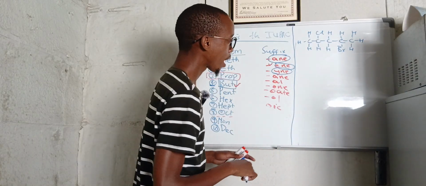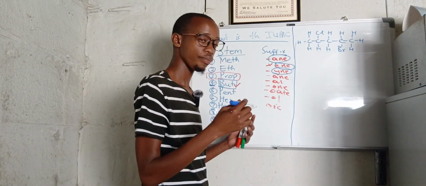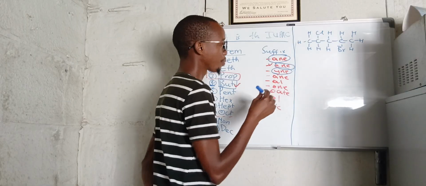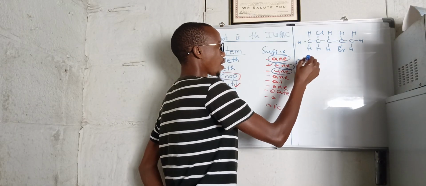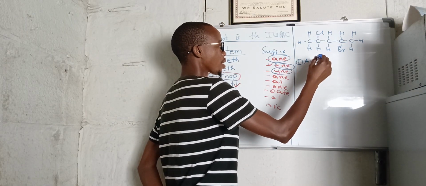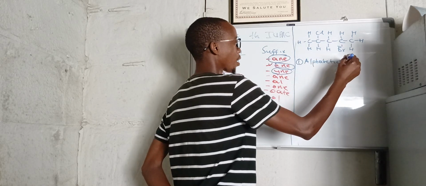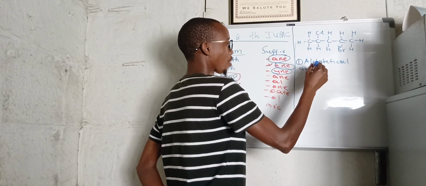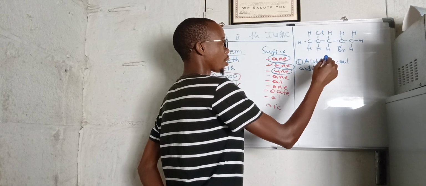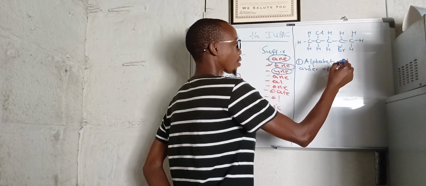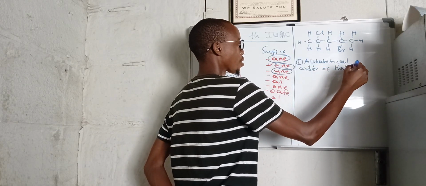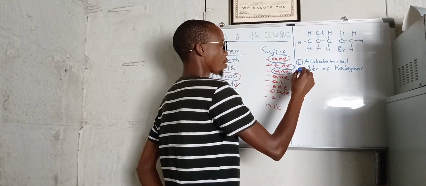So before naming haloalkanes, we need to be aware of a few rules. Number 1, alphabetical order of halogens takes precedence.